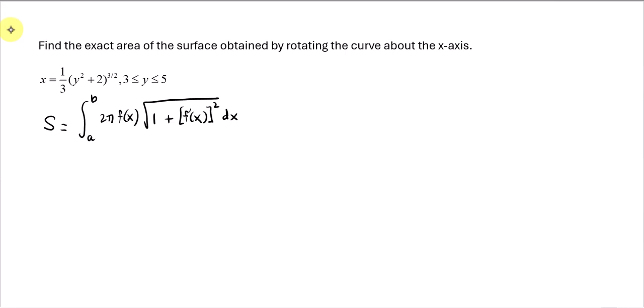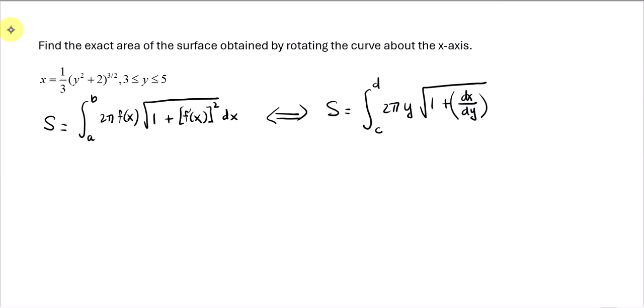Now, if the curve is described in terms of y, like this example, then we can also rewrite this integral as the integral from c to d, and then 2 pi, multiplied by y, multiplied by the square root of 1 plus dx/dy, instead of dy/dx, now it's dx/dy squared, dy.